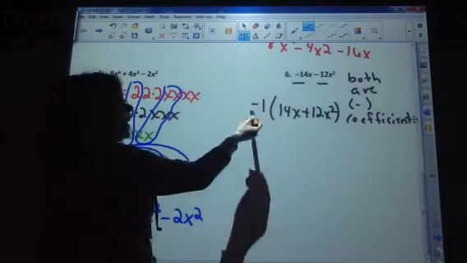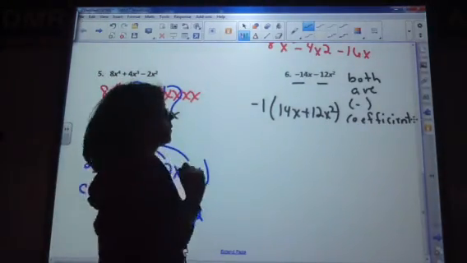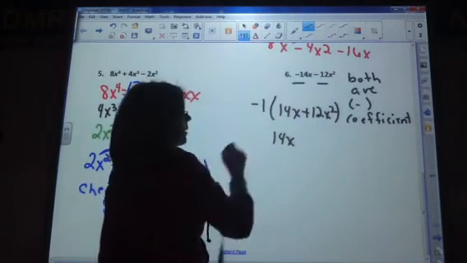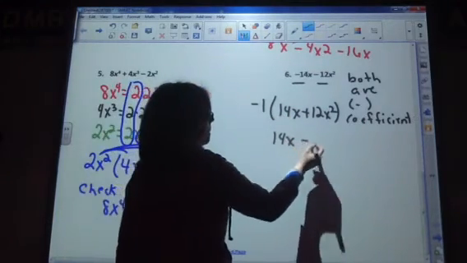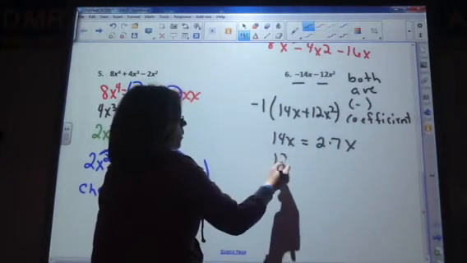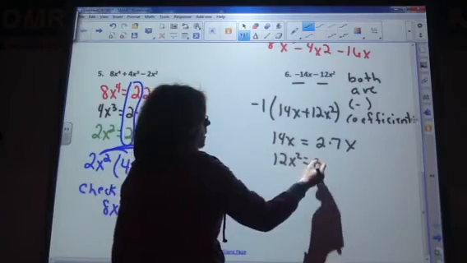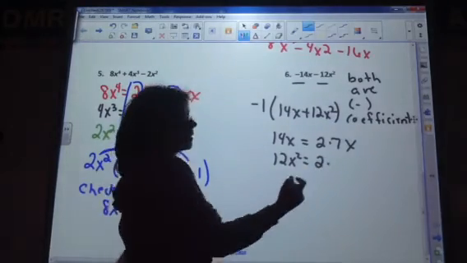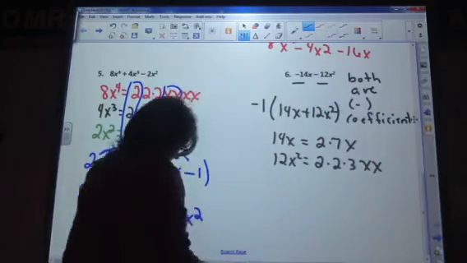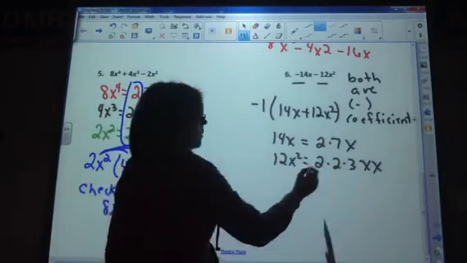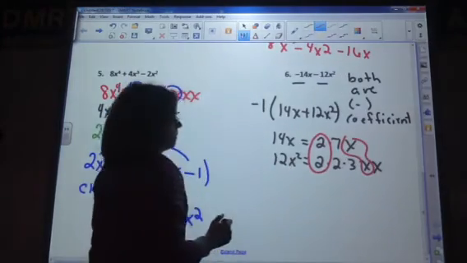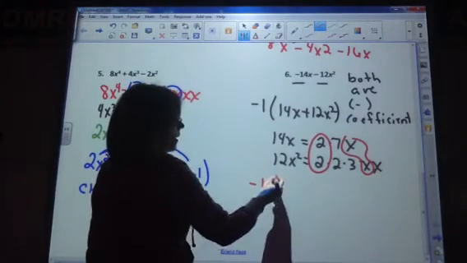All right, so once we factor out that negative coefficient, we can go ahead and look inside here. So for this binomial, we have 14x. So that's 2 times 7 times x. And then for 12x squared, that's 2 times 6, 6 is 2 times 3, x and x. All right, so we have a 2, and we have an x. So my negative 1 is right here.